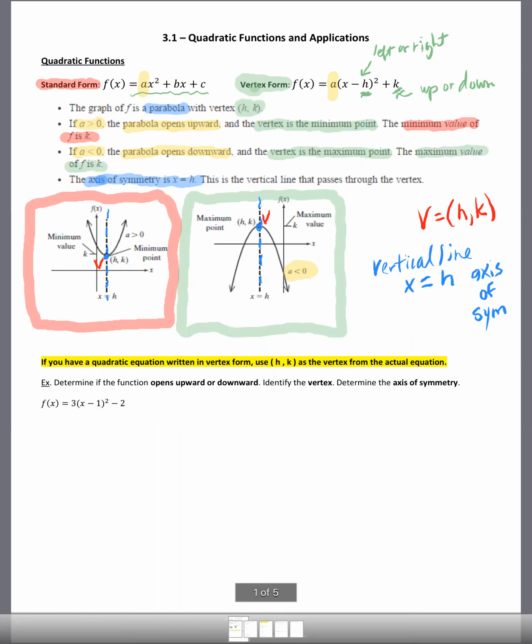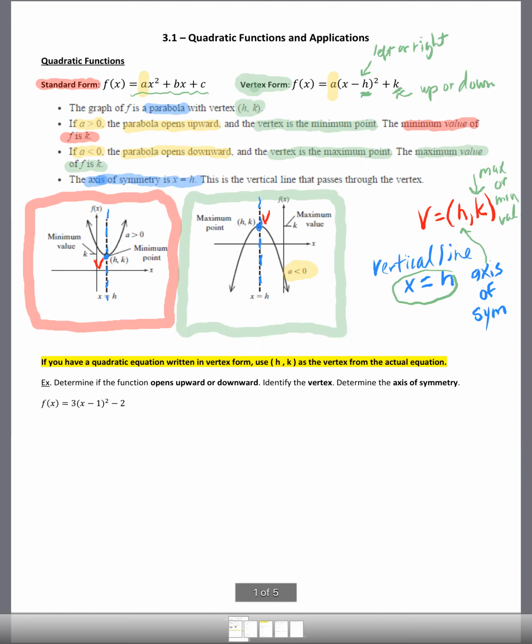So the y component of each one of our vertices happens to be right there. That happens to be either the max value or it's going to be the min value. Okay. So the vertex gives us a lot of information. You'll see right here that the vertical line acting as the axis of symmetry is right in there. You'll see that the max or min value is the k value. And so it tells us a lot of information.